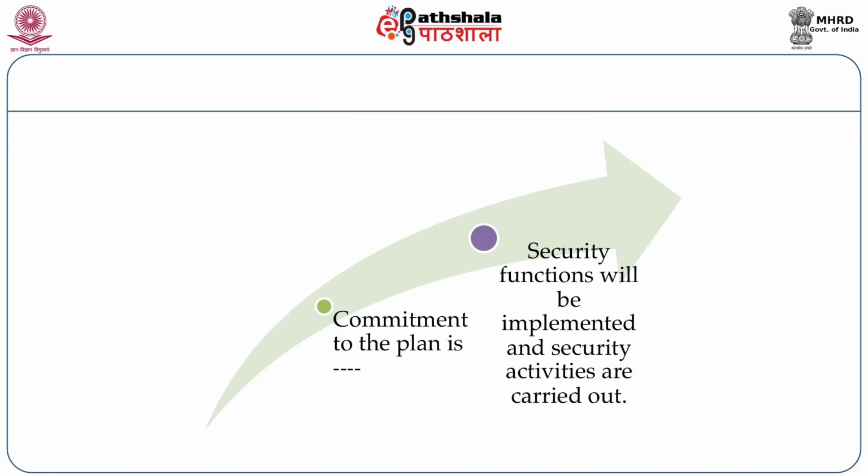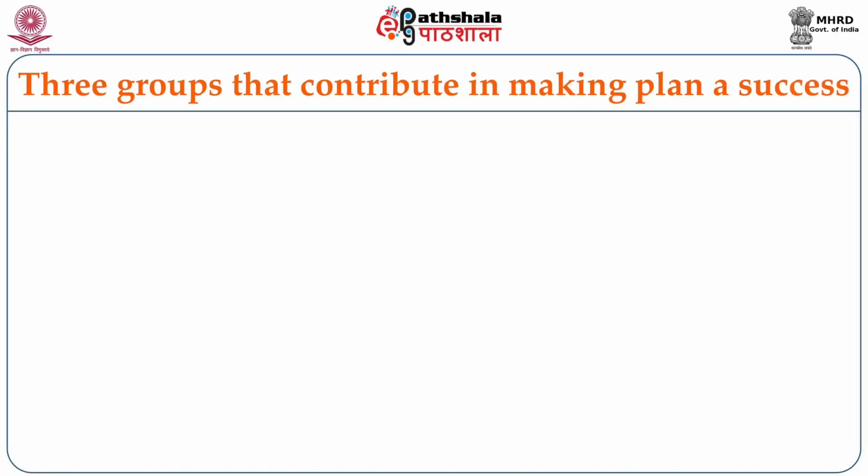Now we want to talk about assuring commitment to a security plan. What does it mean? It means that security functions will be implemented and security activities will be carried out. Once again, we will identify three groups of people. The first is the planning team. It must be sensitive to the needs of each group affected by the plan.